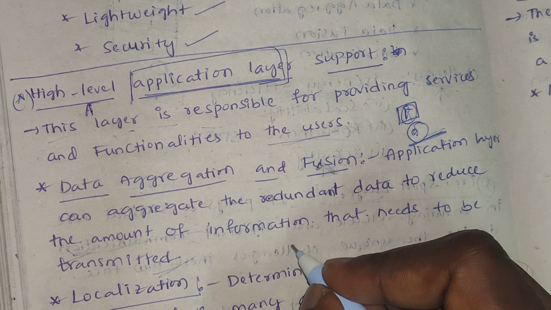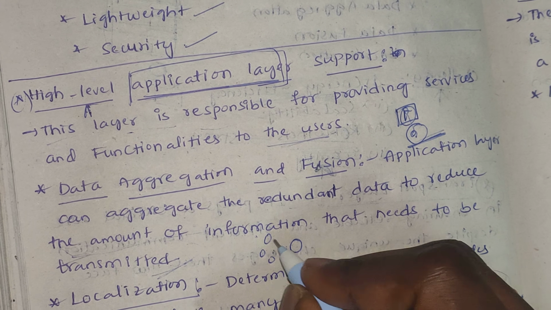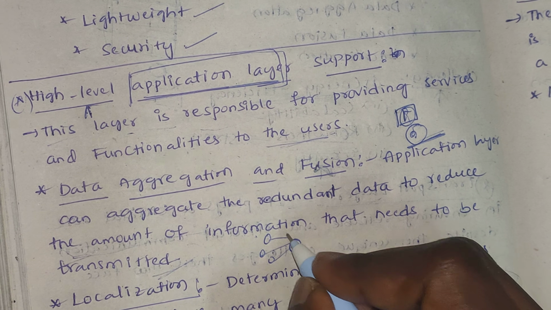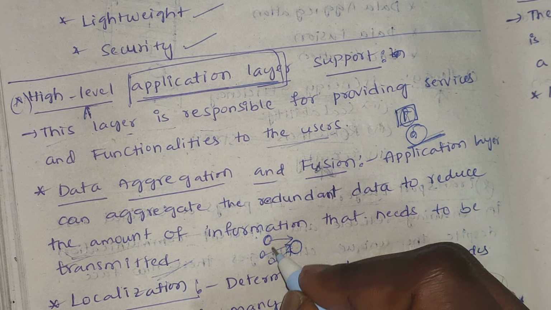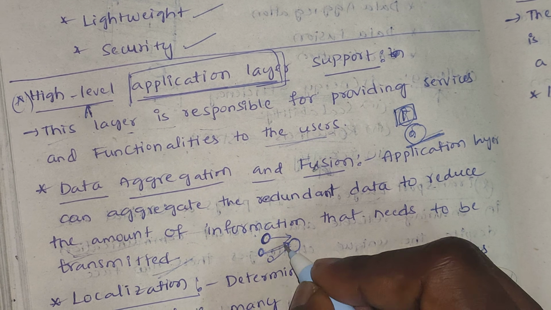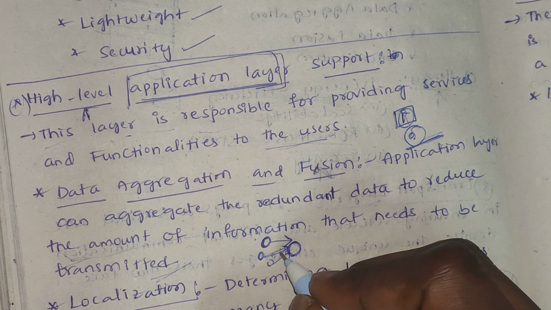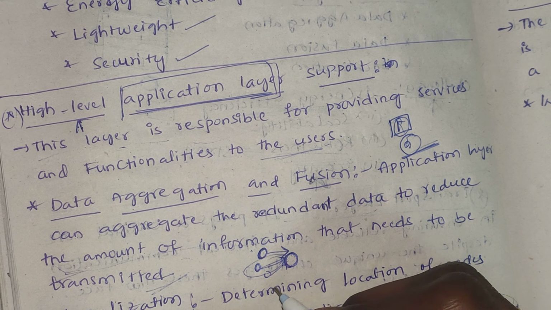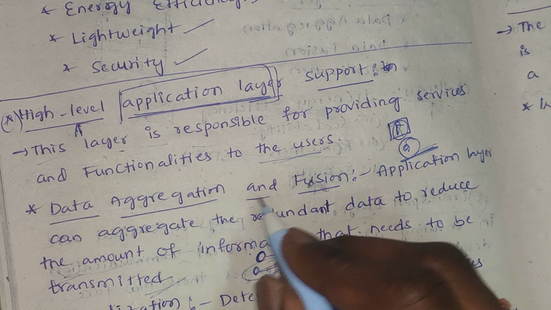For example, there is a receiver and many nodes are present, and every node sends the same data redundantly. If the data coming from this node and this node are the same, then the receiver in the application layer can remove or reduce the amount of information. That is data aggregation.